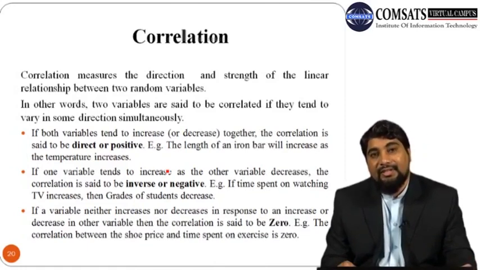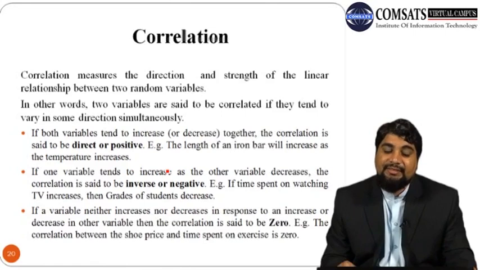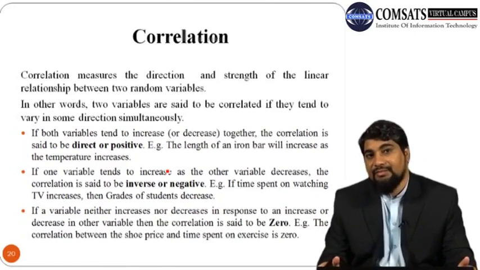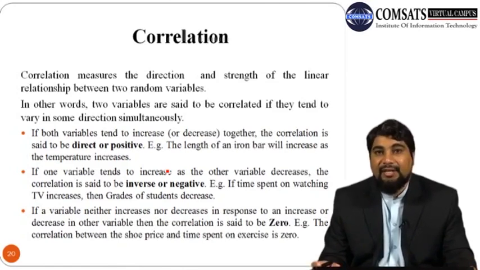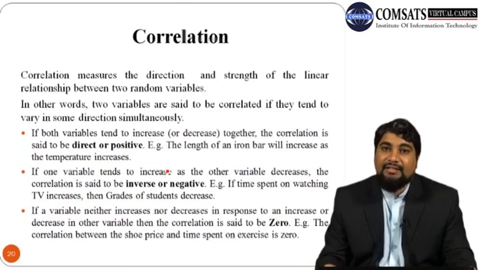For example, the length of an iron bar will increase as the temperature increases. As temperature goes up, the length goes up. So there is a direct relationship between the length of the iron bar and the temperature, and we can say that there is a positive relationship between these two variables.